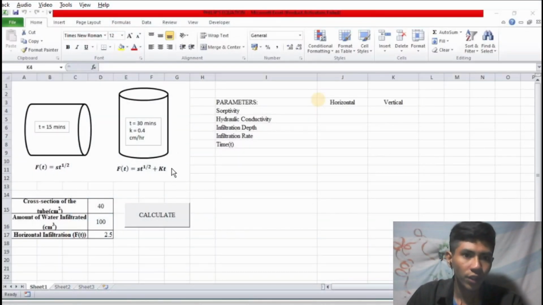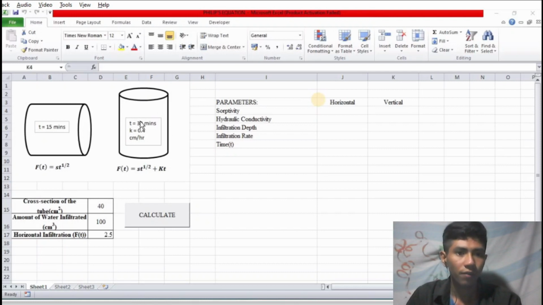This is the illustration of the problem. First, it was laid horizontally, and then the second one is the problem we were looking for, if it was initially laid vertically or upright.